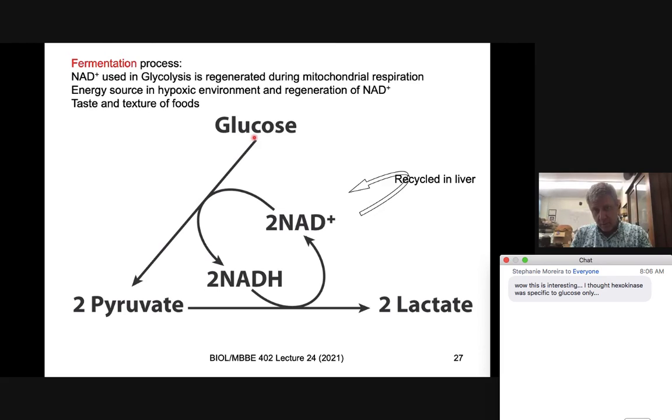So again, we've got our preparative stage, now our payoff stage producing the NADH, and we're going to be consuming that, this time not going through the whole process, and depositing the same components from the pyruvate into the two forms of the lactic acid. So again, we have to be very careful in that.